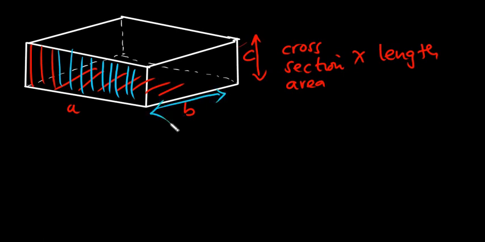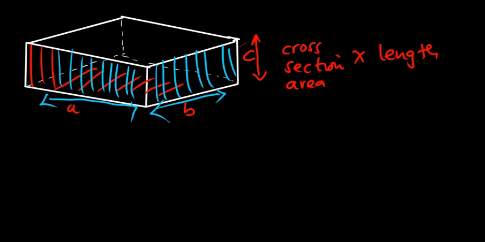And similarly, if we take this other one as the cross section, then A becomes the length. So you can work with any of them, and you'll still get the same answer. We can look at a few examples so that we can understand this in a better way.